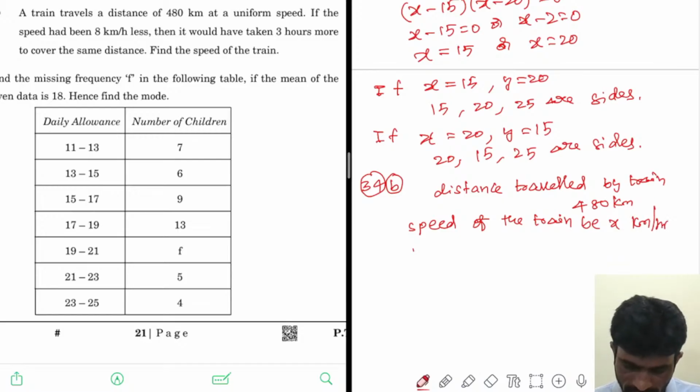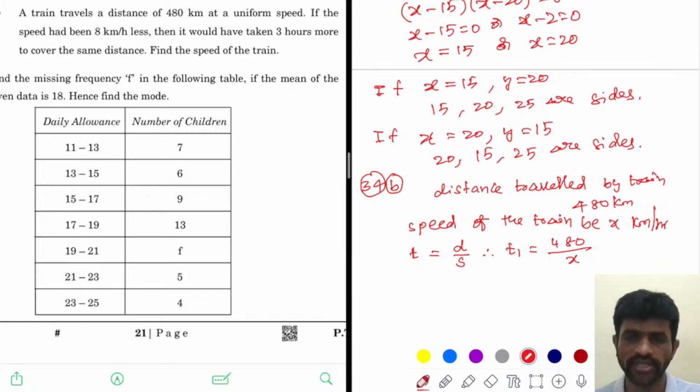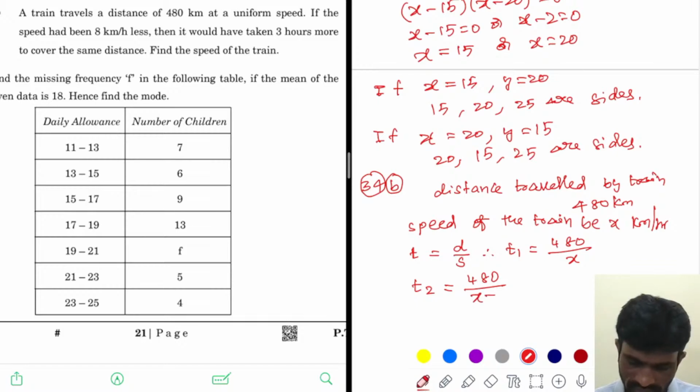So what will be the time now? Time taken by the train will be distance by speed. Therefore, in the first case, time taken by the train will be T1 is equal to 480 by x. But later what happens? Speed is decreased by 8 kilometers per hour. Then T2 is equal to 480 by x minus 8.